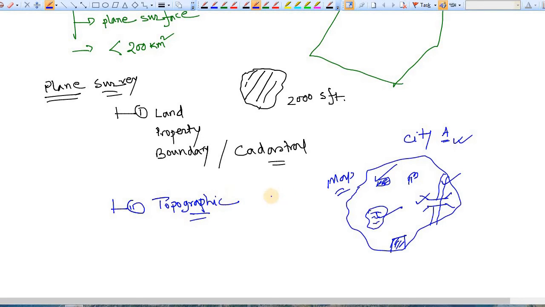So topographic survey includes both natural as well as man-made things. And not only that, for preparing this plan you need to measure the height of the high rise, or the elevation of the flyover. So topographic surveying consists of both horizontal measurement as well as elevation measurement.